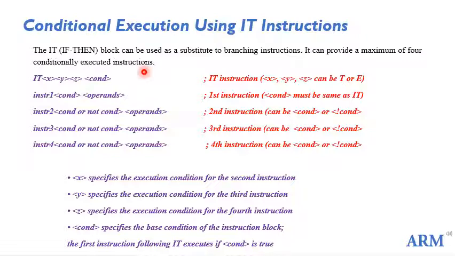Initially it would be executed in sequential order, meaning one instruction after the other. But when it comes across a branch instruction, the sequential program flow will be changed, and it will jump to some other location where the label is specified. But in the IT instruction, this changing of the program flow can be avoided, and as you see here, it can provide a maximum of 4 conditionally executed statements.